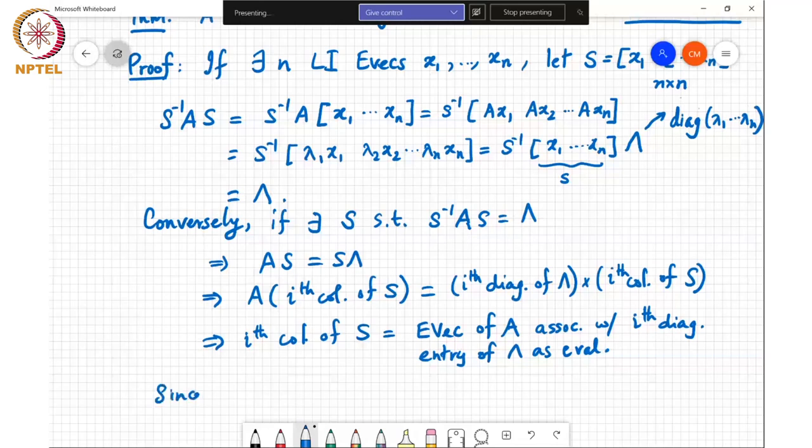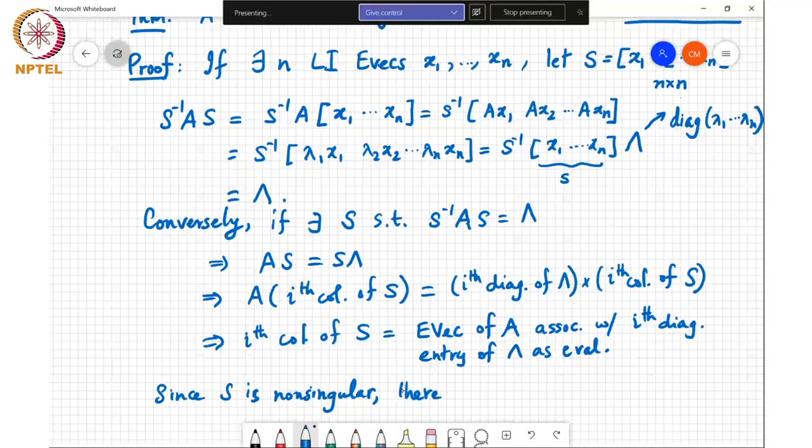So since S is non-singular, A has n linearly independent eigenvectors. So that completes the proof.